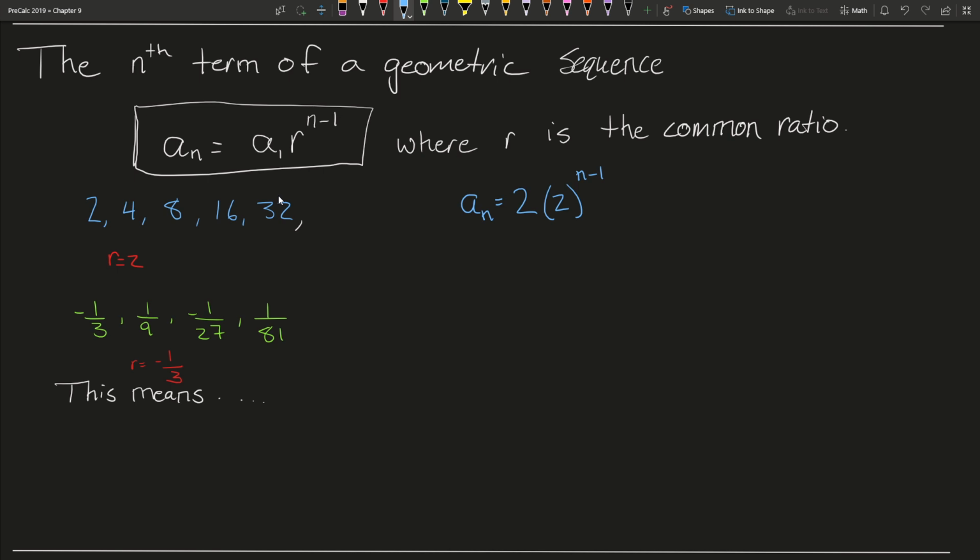Okay, in green, it's the same thing. In this case, r is equal to negative 1/3. That doesn't change anything we do, though. If we're trying to find the nth term, we just take our first term and multiply that by our common ratio to the power of n minus 1.